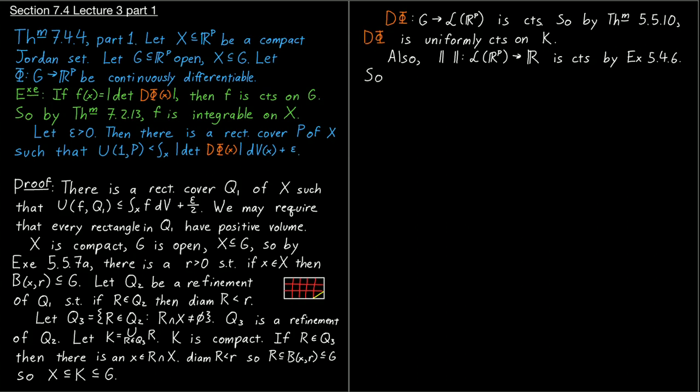So the following function, g of x, is the norm of d phi of x. It's the composition of two continuous functions, so it is continuous on G. So by the extreme value theorem, it has an upper bound. It is bounded on K.